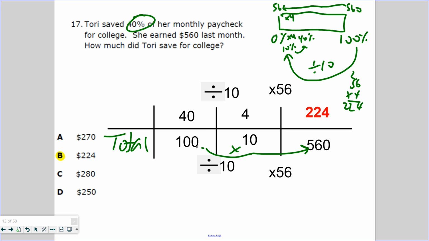How do you break it down from 100 to 10? Divide by 10, you get 4, which represents 10%. So how do you build 10 to 560? Times 56. 4 times 56 is 224. So you can use a picture or a table.